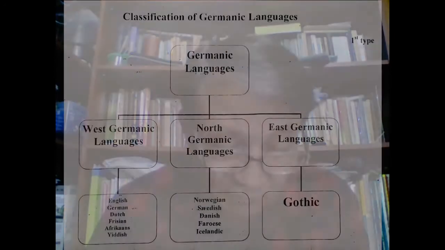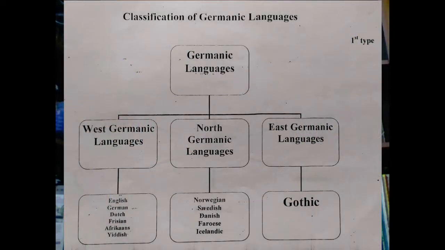Frisian language is spoken in the north of Germany and in the Netherlands. Next comes Afrikaans. About this we'll give a description later, and the Yiddish language, the new Jewish language spoken in Europe and America and in other countries of the world.